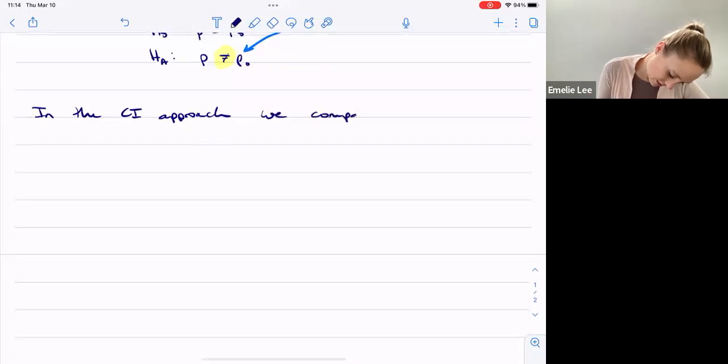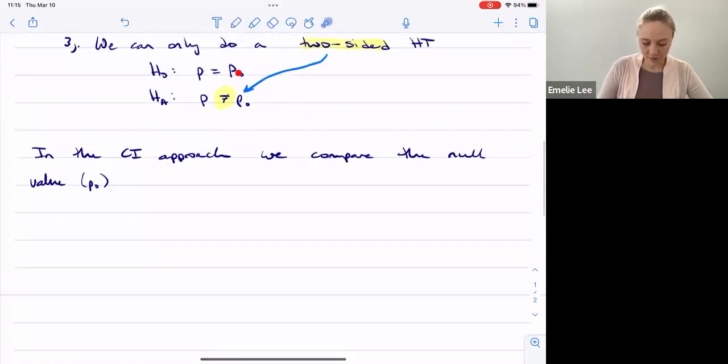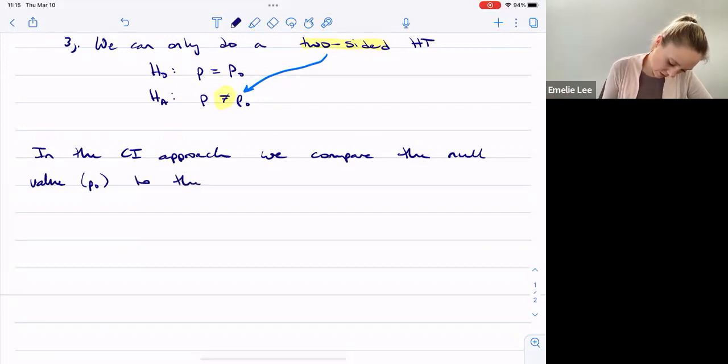we compare the null value, which is your P naught, right? This P naught is the null value. That's the value you want to compare your sample to. Okay. We compare the null value to the confidence interval.